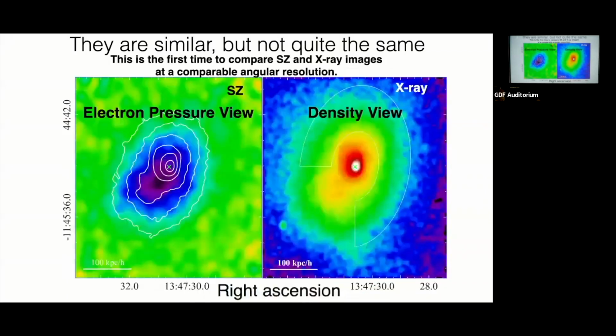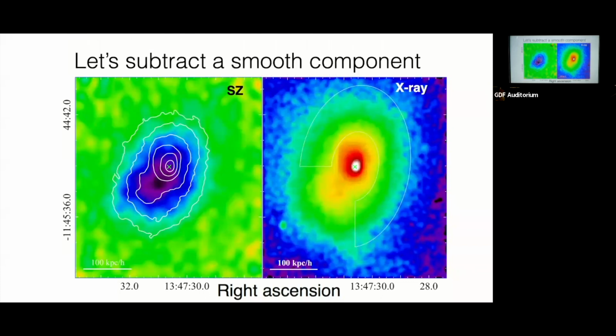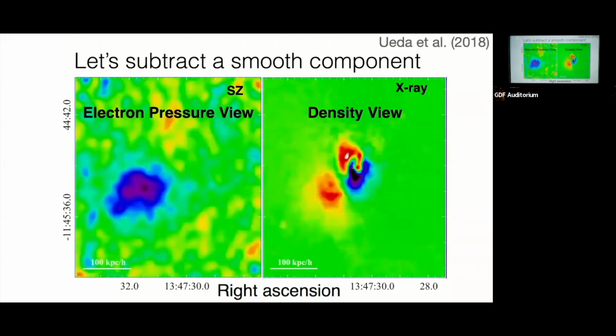So look at this. X-ray image of RX J1347-1145. And that's the SZ map, right? So for the first time, we can actually compare two images at the same resolution. This is the density view. This is the pressure view, okay? Then I subtract. Let's say I average the intensity here and subtract from this map to look at fine structures in the cluster.